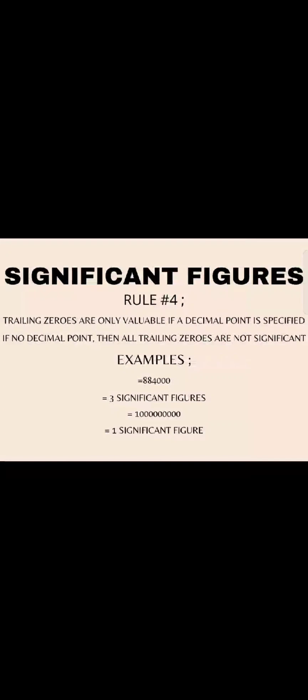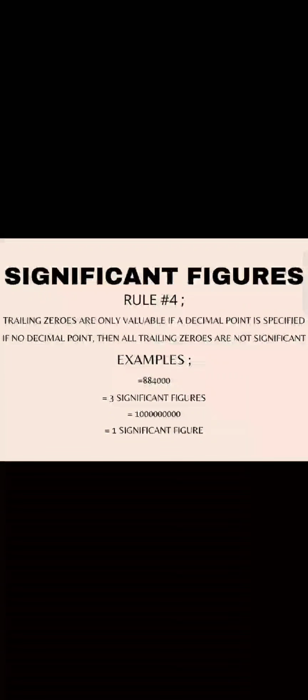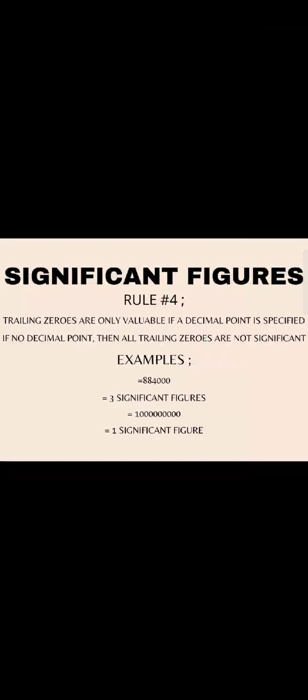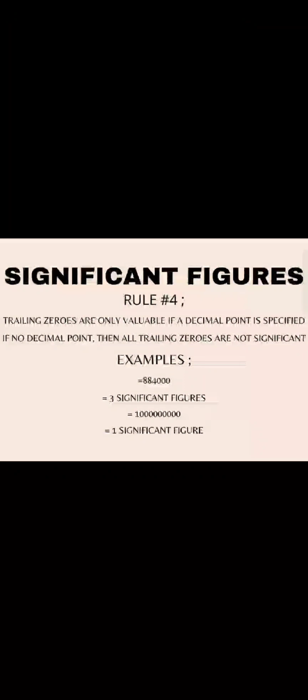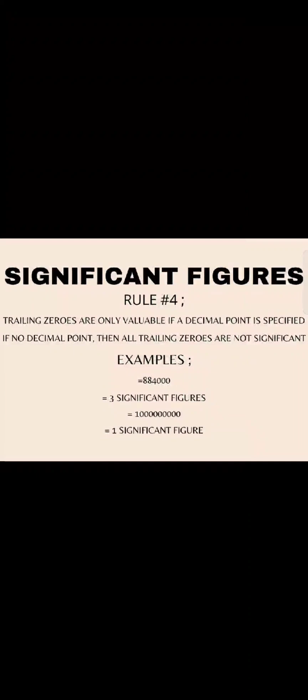So there are only 3 significant figures, which is the 884. And the next example is 1 million, where the 9 zeros are not significant because again there is no decimal point, which is only 1 significant figure.